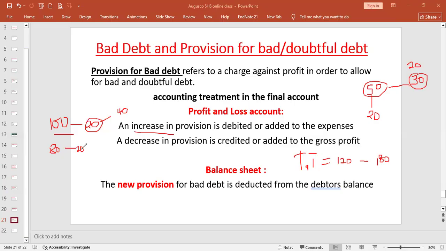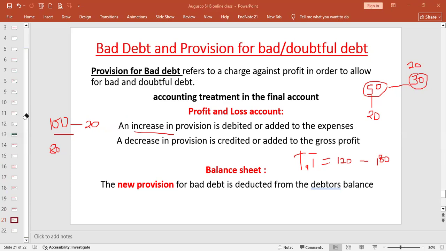The reverse is true in the sense that if after making your provision of 20, it turns out that the actual expenditure was 10 cedis, okay? So you made a provision of 20, your profit is left at what? 80.